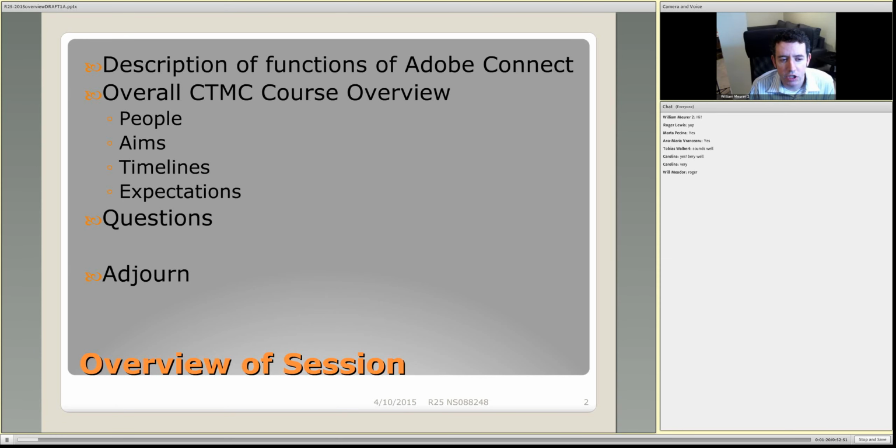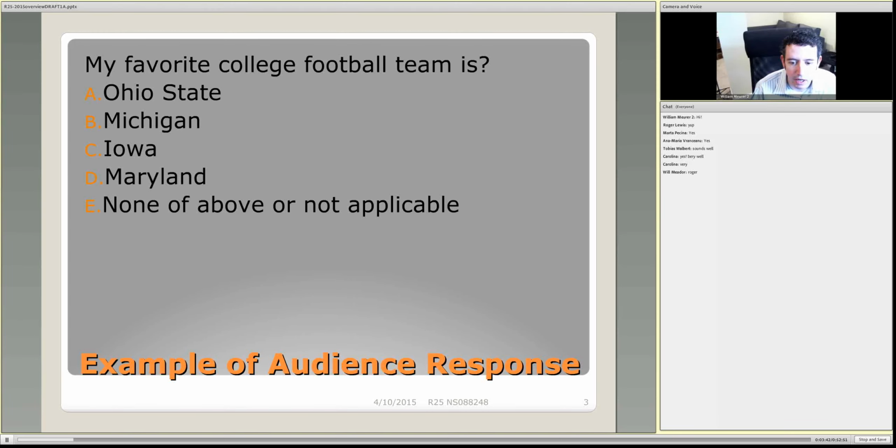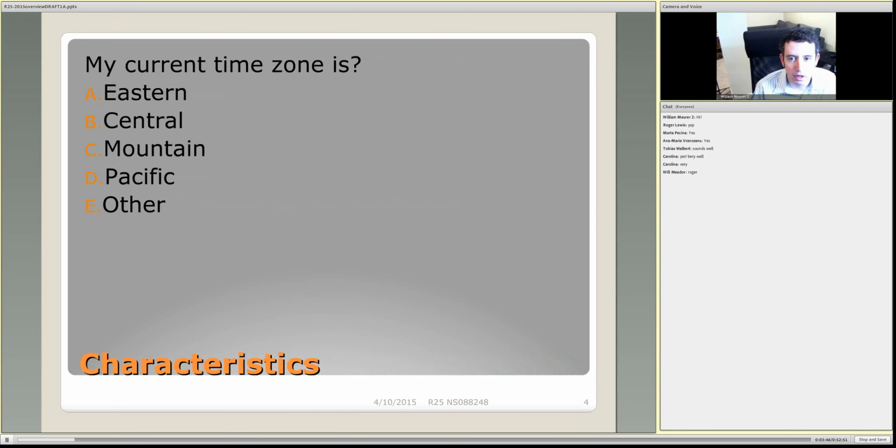So we'll move back to the regular presentation room. The other major function that we use is the ability for you to raise your hand. We're not necessarily going to use that function too much. If you have questions, feel free to type them into the chat box at any time. Oh, I forgot I had two questions. This is just a more useful question to see what time it is for people.